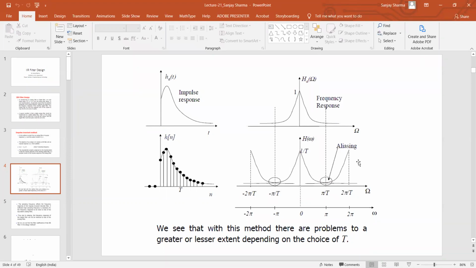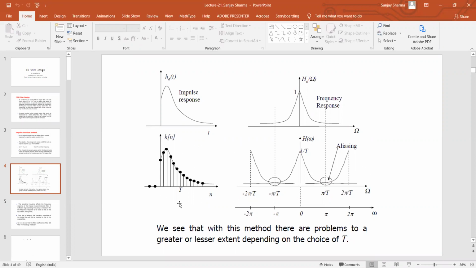We know that the spectrum will repeat. If you see this digital spectrum, it is exactly the replica of the analog spectrum from -π to π, but it will repeat with a period of 2π. We already know that once we convert the impulse response in the continuous domain to the digital domain, the digital spectrum will repeat with a period of 2π.